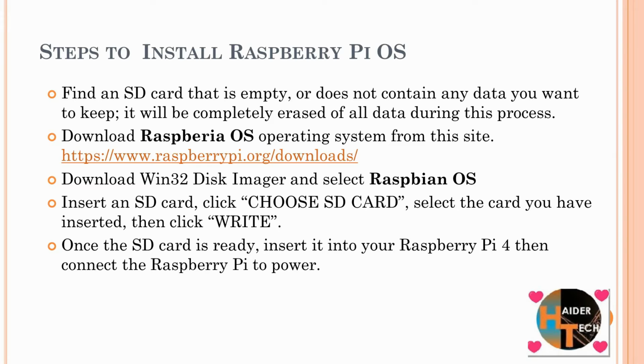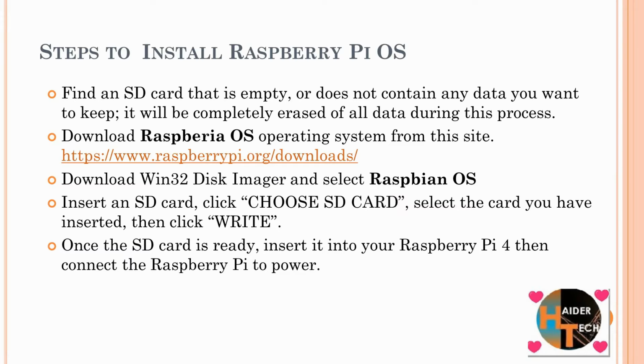The second point is that you need to download the Raspbian operating system. This is the official site, raspberrypi.org slash download, where you can download the Raspbian operating system for Ubuntu, for Mac, and everything.